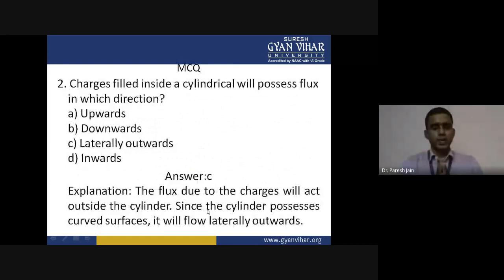Question number two: charges filled inside a cylinder will possess flux in which direction? Option A is upwards, option B is downwards, C is laterally outwards, and D is inwards.